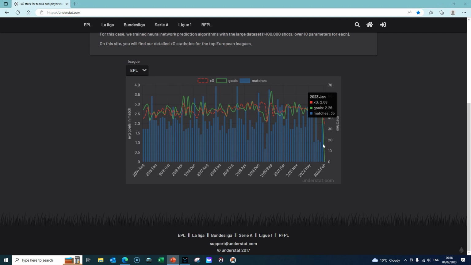So on average now it's just dropped to 2, and the XG is 2.68 goals per game. So you can see the World Cup that happened in December has had an effect on players, and since the turn of the year the goals have dropped in the Premier League, going from roughly 3 goals a game to now 2 goals a game.